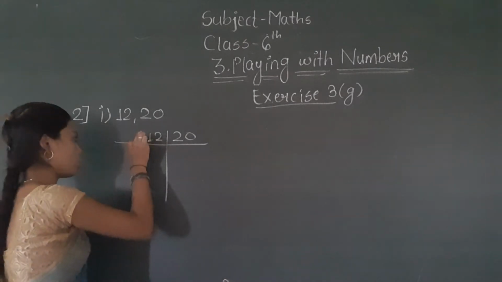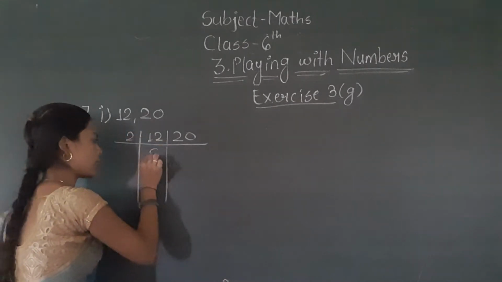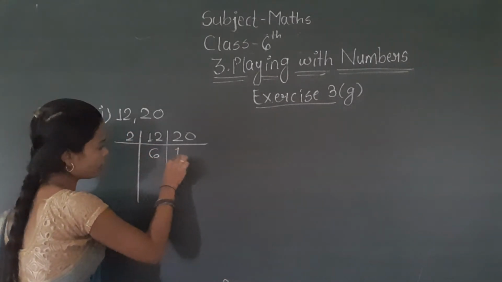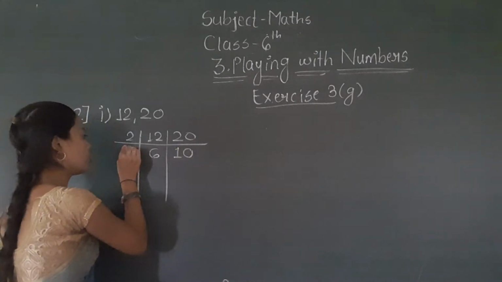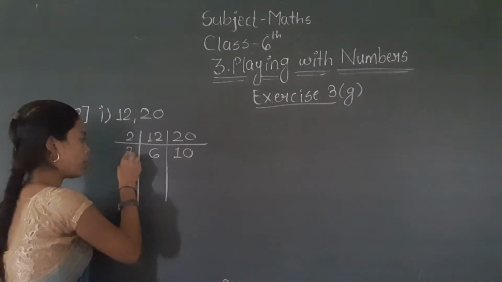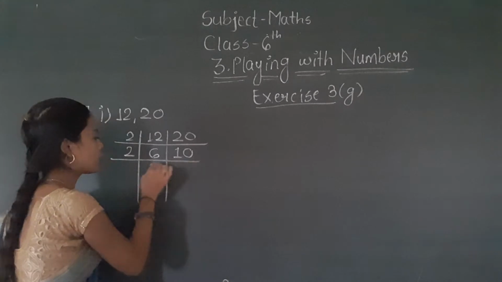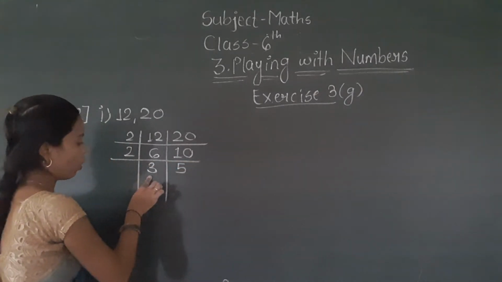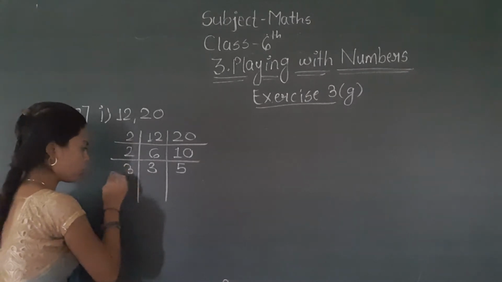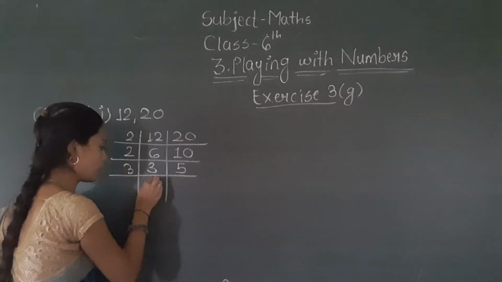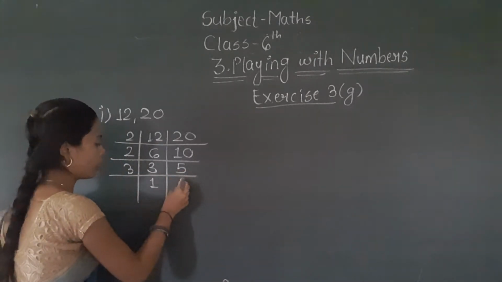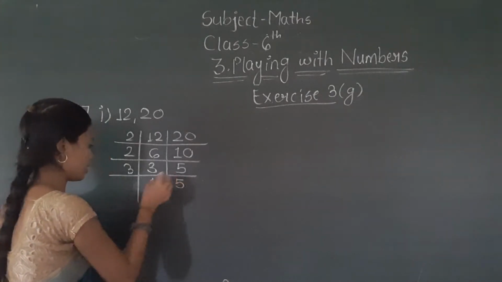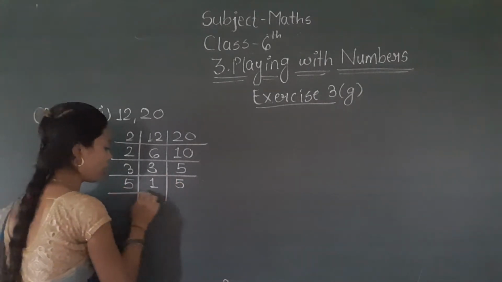So we are taking 2 here, so 2 6s are 12 and 2 10s are 20. After that again both come in the table of 2, so write 2 3s are 6 and 2 5s are 10. Now divide it by 3 because 3 comes in the table of 3, so 3 1s are 3, and 5 does not come in the table of 3 so 5 as it is. After that 5 1s are 5.